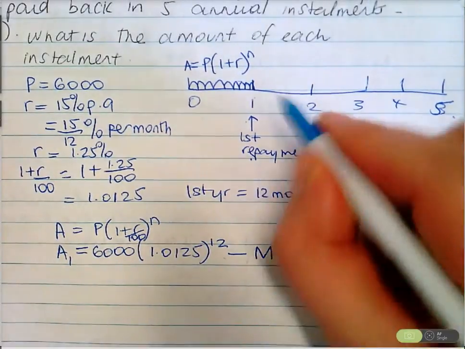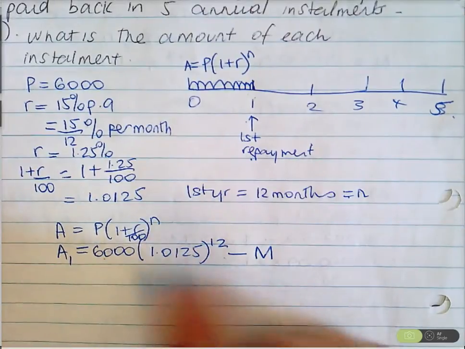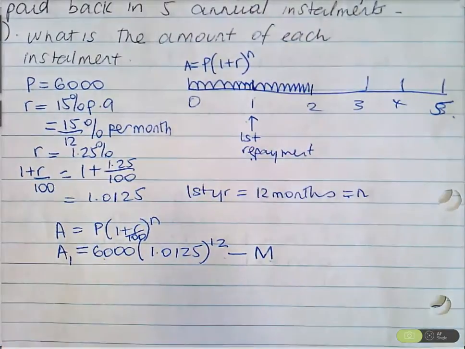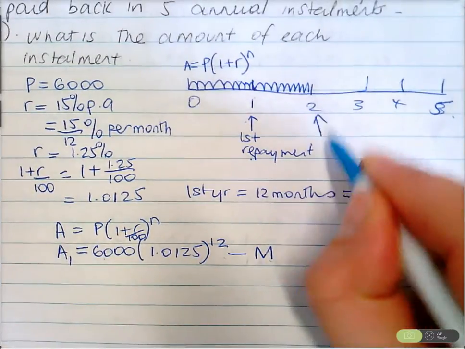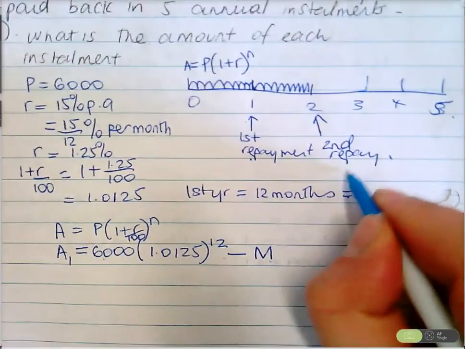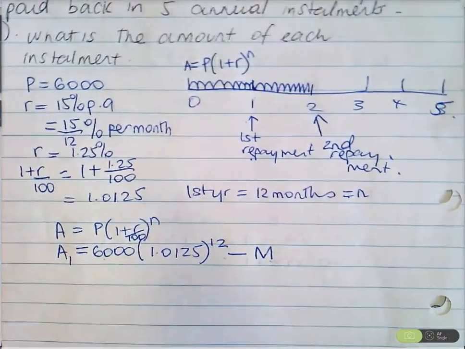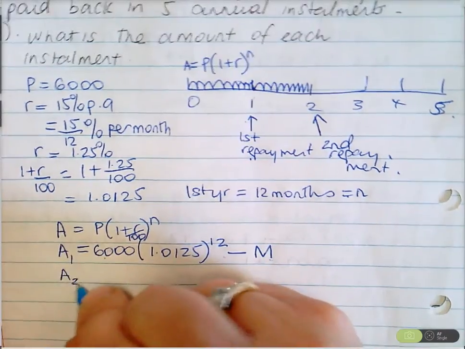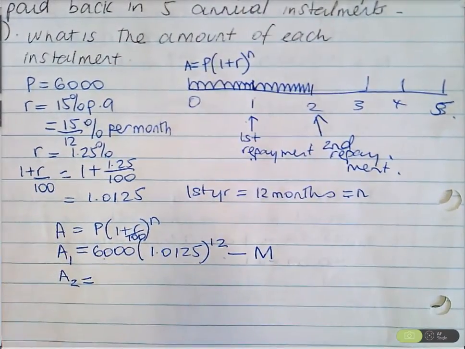So now in the second year, my money is worth that. Then interest gets added on again for 12 months and then I make my second repayment here, because it says only 5 annual repayments. So A2, amount owing, remember A1 means amount owing at the end of the first period.